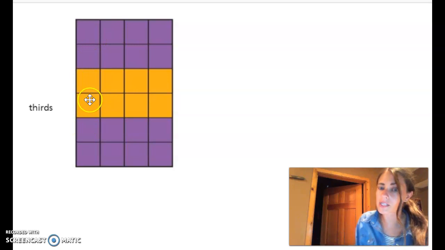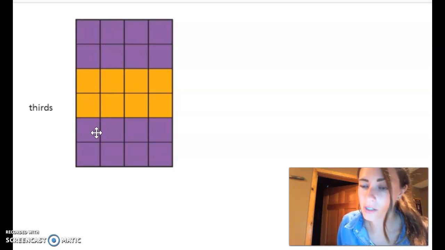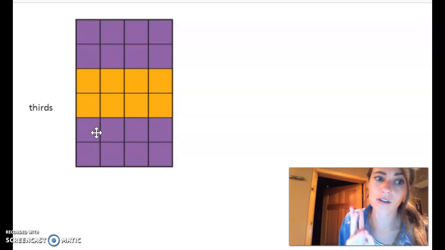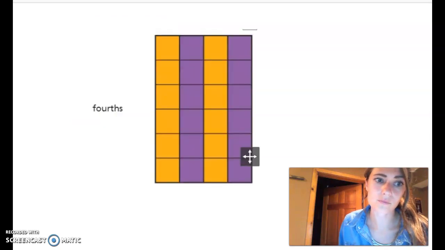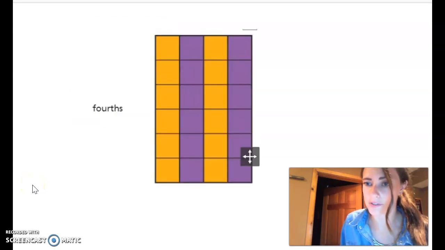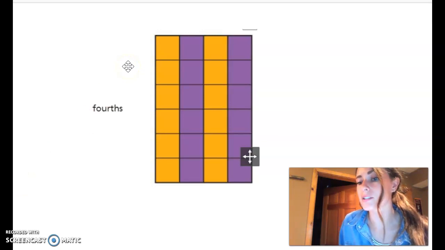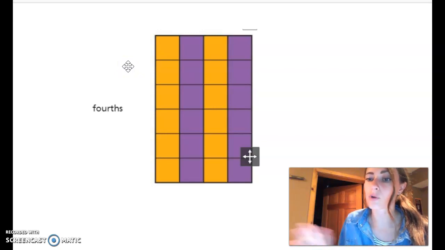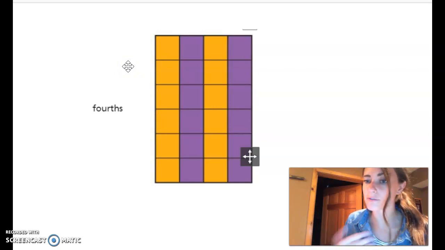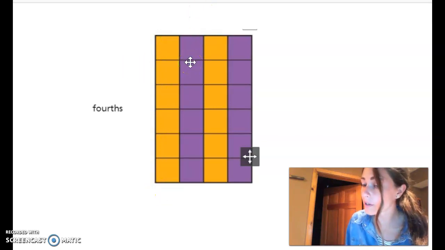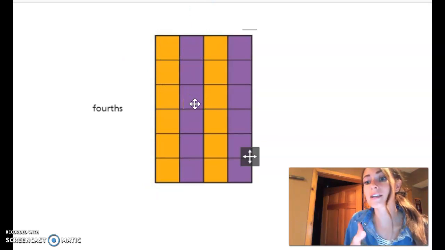So I see 3 equal shares. That means there's 3/3. Okay, so let's look at fourths. So I see this would be the only way that I could split this into 4 equal parts. Okay, so I split it into fourths. I have 4/4. As you can see, each column is its own part.